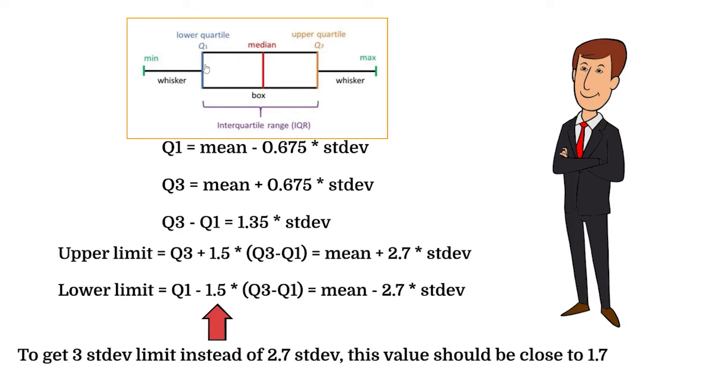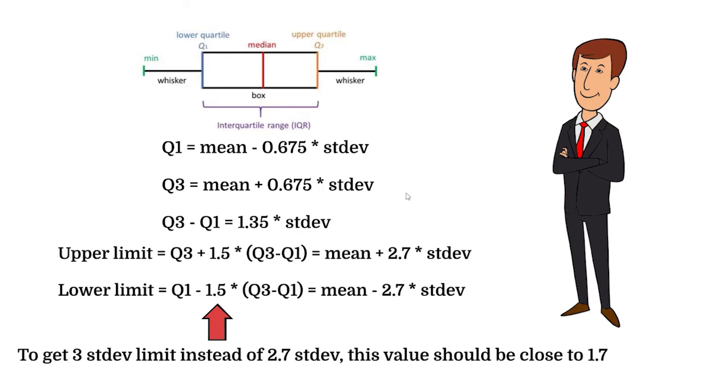For Q1, 75% of the data is above this value and 25% of the data is below this value. For Q3, only 25% of the data is above that value and 75% of the data is below Q3. The line between Q3 and the max, this area is called the whisker area, and also here between the minimum value and Q1, also called the whisker area.